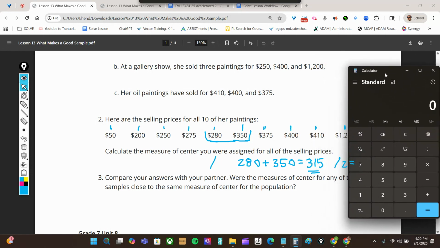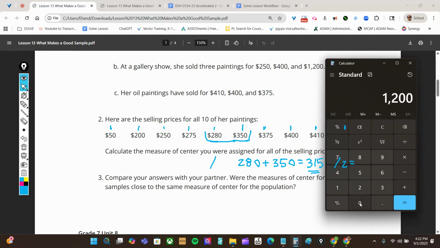So we had a 1200 right there. 1200 plus 410 plus 400 plus 375 plus 350 plus 280 plus 275 plus 250 plus 200 plus 50 equals 3,790.